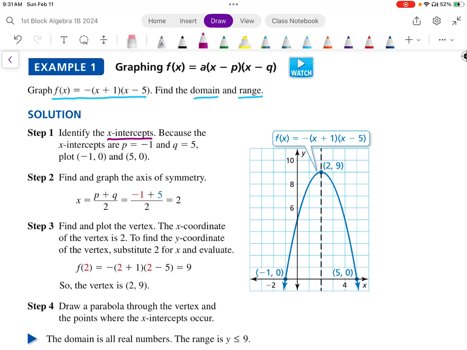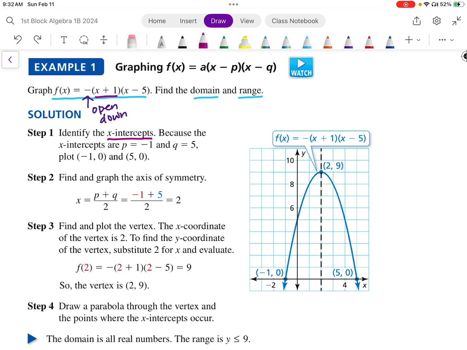So if our equation is negative times x plus 1 times x minus 5, first of all, with our negative, we know that this is going to open down.